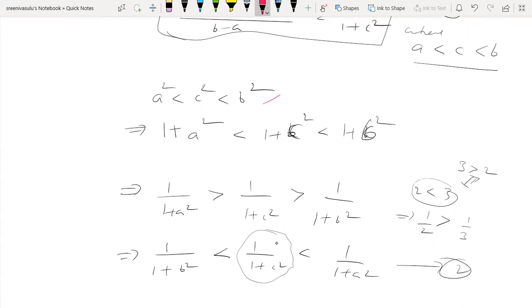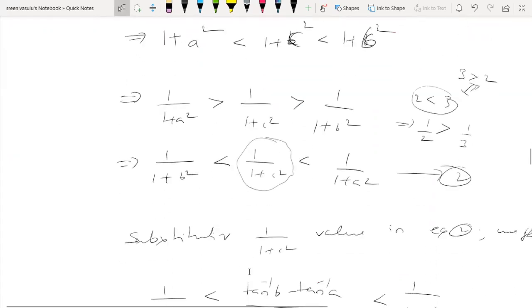For example, 2 is less than 3. Then what about its reciprocal? 1 by 2 is greater than 1 by 3, because 1 by 2 is 0.5 and 1 by 3 is 0.33. That means 1 by 1 plus a square is greater than 1 by 1 plus c square, which is greater than 1 by 1 plus b square. Greater than can be converted into less than: it is also written in the form 1 by 1 plus b square less than 1 by 1 plus c square less than 1 by 1 plus a square.